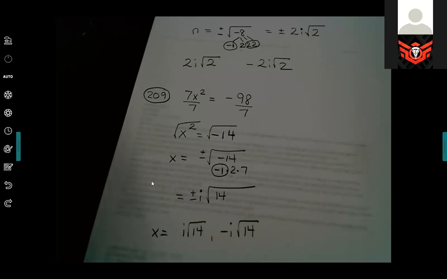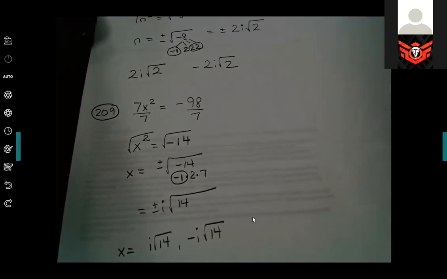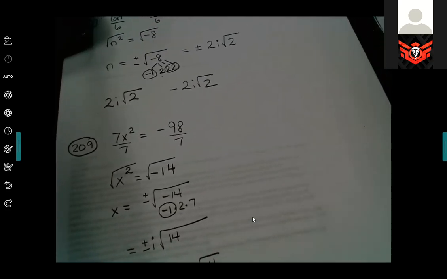All right. Let's do another problem. Oh, Logan said his Zoom just crashed. Oh, y'all. Gotta love technology. Let me tell Logan to try again.